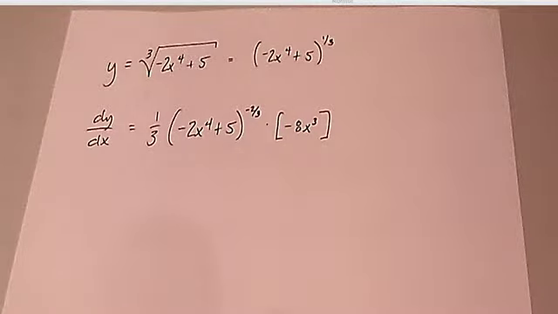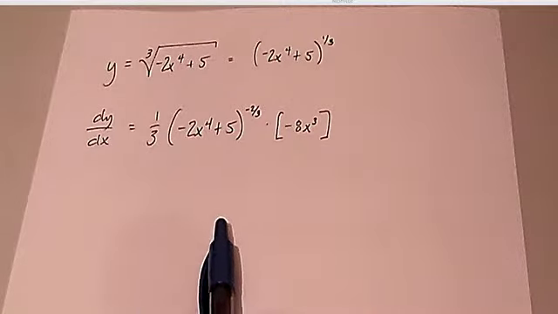Because this is actually a special case of the chain rule called the general power rule, or the generalized power rule. And if you hear general power rule, all you really need to think is, oh, that's just a specific kind of chain rule problem, because that's really all it is. But notice that it actually mimics the power rule that we did.